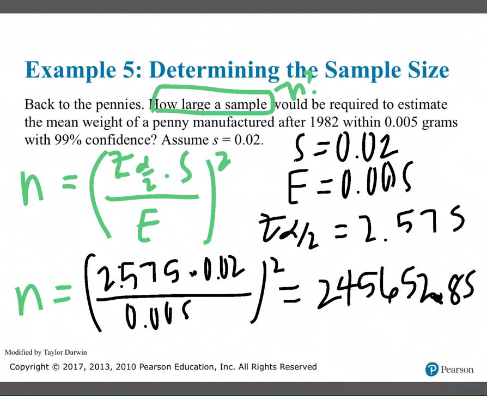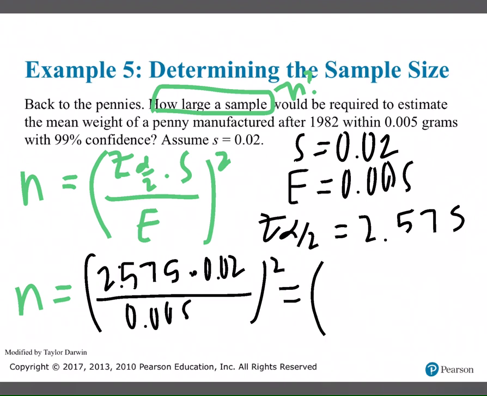2.575 times 0.02 divided by 0.005. That looks better. Okay. When I divide these in my calculator, I get 10.3. Still need to square that.